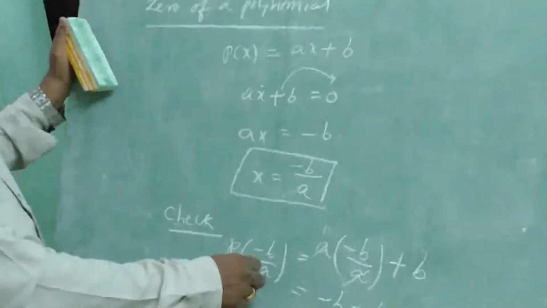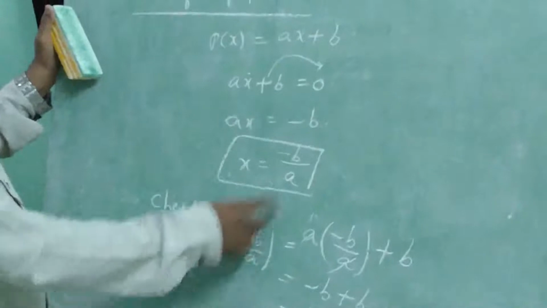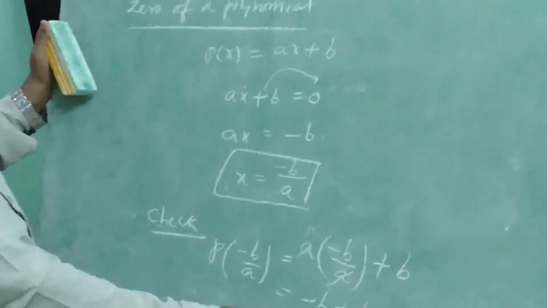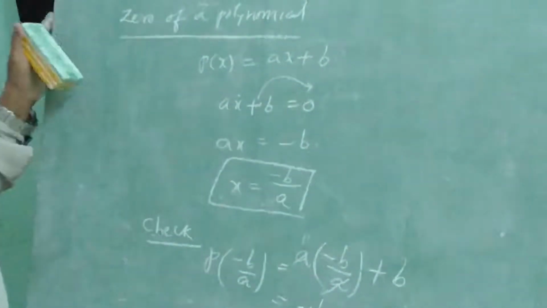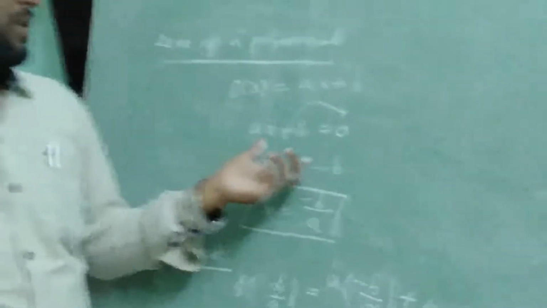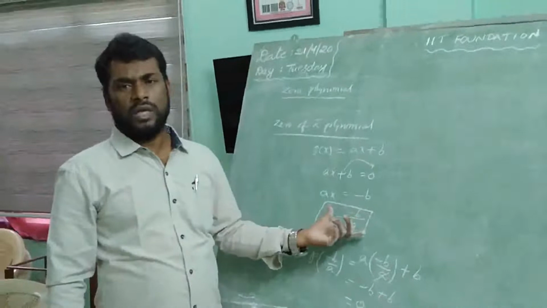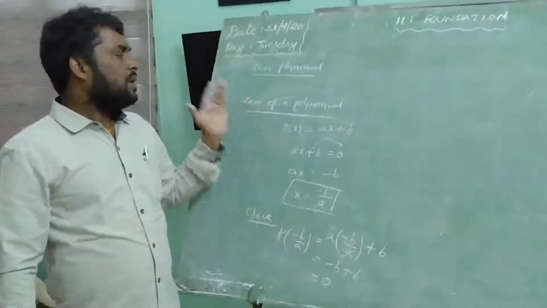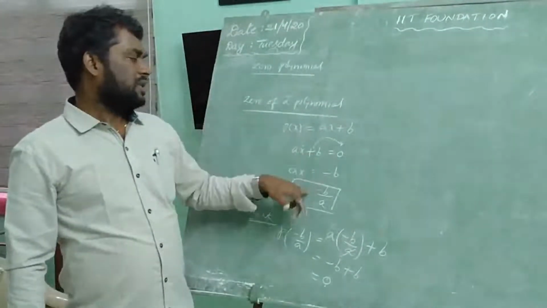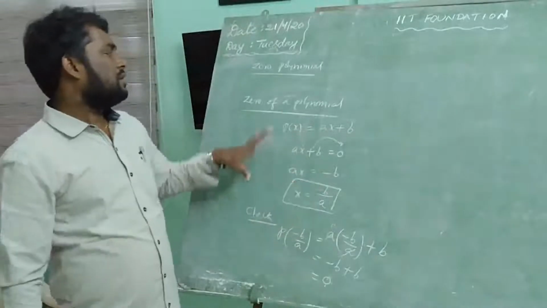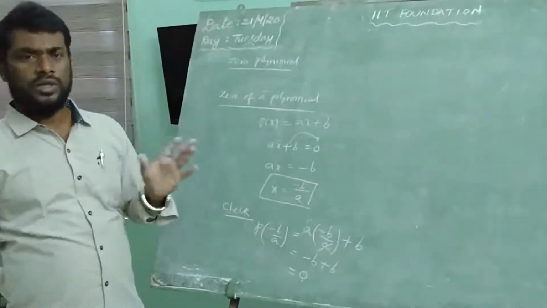So if we take x is equal to minus b by a, the value of the polynomial is 0. So this minus b by a is called zero of the polynomial. So what is the zero of the polynomial ax plus b? That is equal to minus b by a. Okay. If you apply this concept, then you get zero of a polynomial easily.